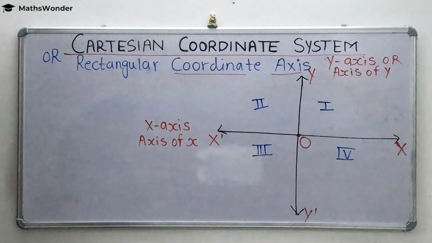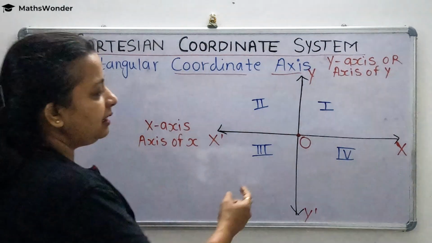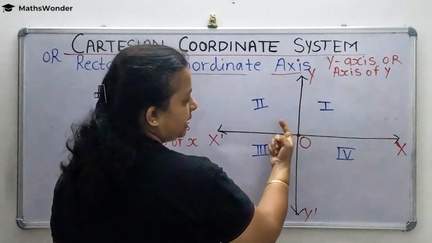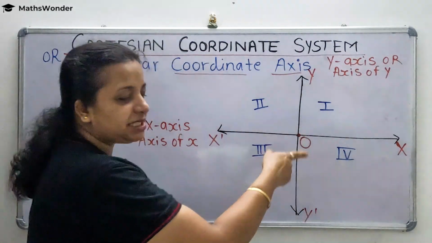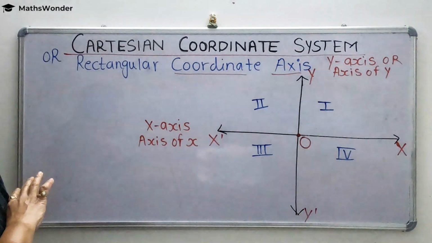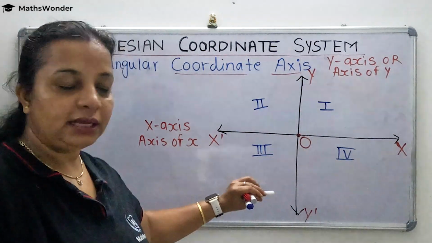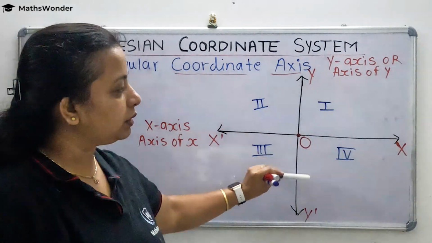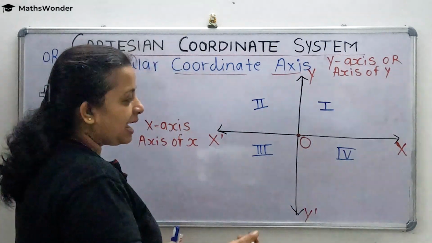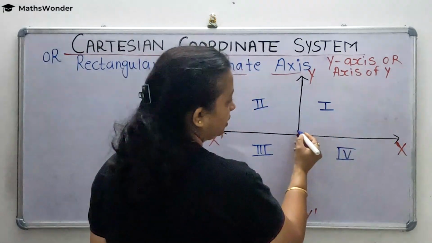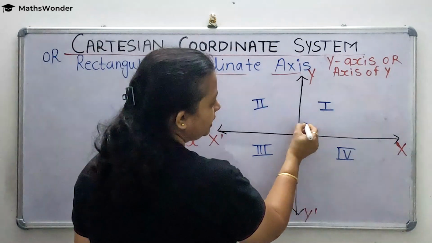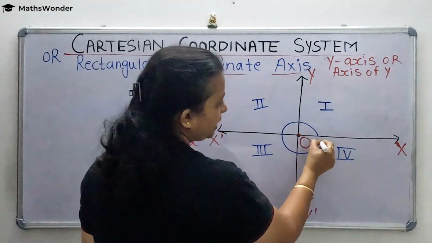Always take the sequence like this only: first, second, third, fourth. It can't be changed. In any book, any worksheet in the world, the sequence remains the same, because whenever you draw the line, you start from here.